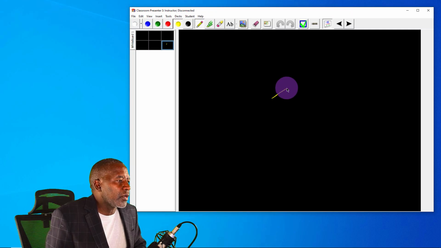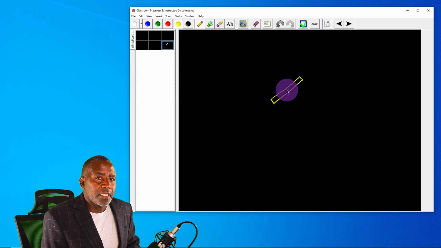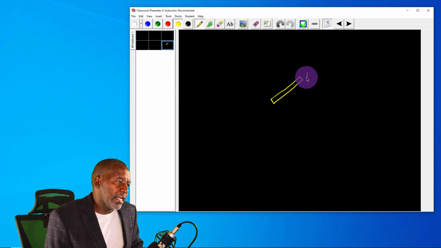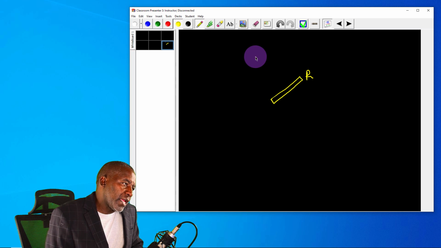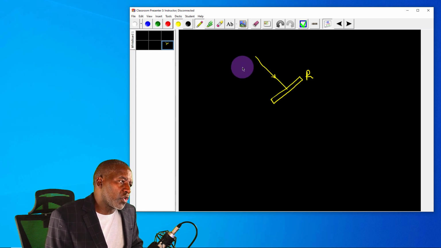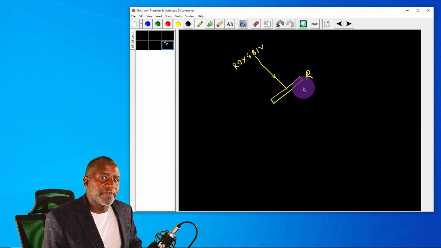Now, this is how a filter works. A filter is just a card. Let us say it is a red filter. In the complete electromagnetic spectrum, we've got colors starting from red, orange, yellow, green, blue, indigo, and violet. 7 colors.